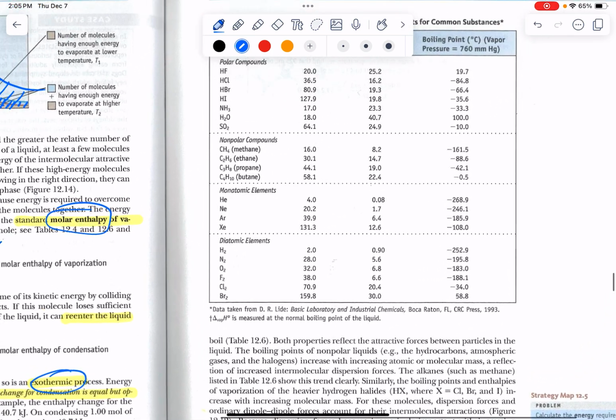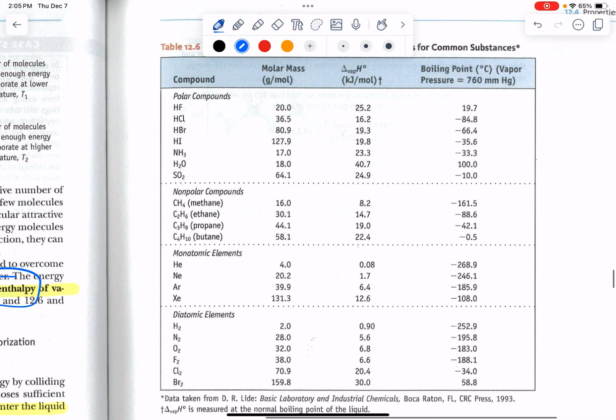So if we look at these charts right here, we could begin to say, well, what are the trends that we see? For example, if we look up here, there's our halogens, fluorine, chlorine, bromine, iodine. And you can see, of course, the molar masses are getting bigger. And as the molar masses get bigger, you can see that my heat of vaporization begins to get smaller.